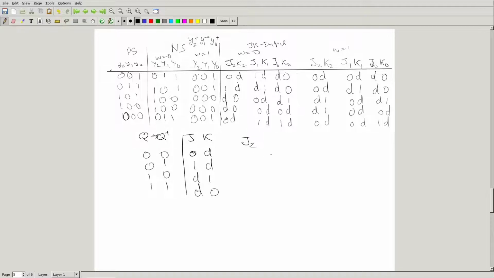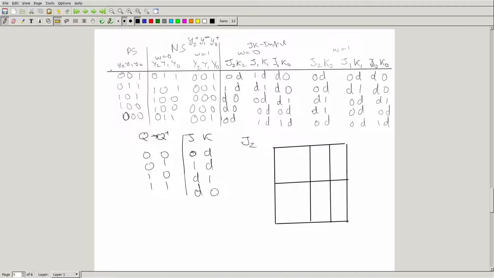Let's create a K-map for J2, and we have inputs as W, small y2, y1, and y0.